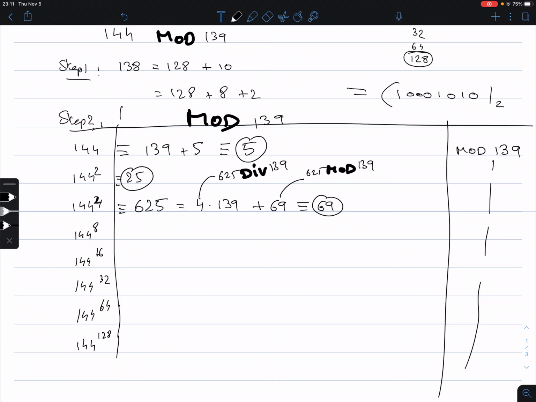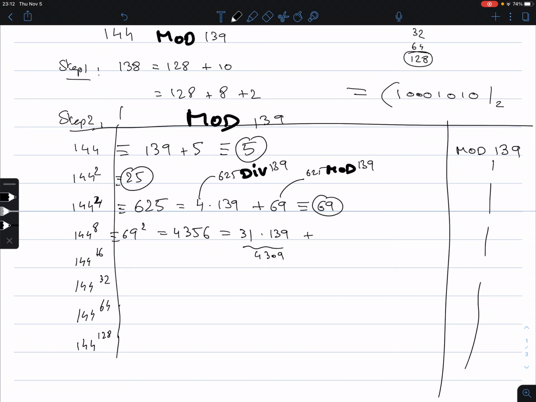Now I again square both sides, so I square 69. 69 squared is 4356. How many times does 139 go in there? Divide by 139, that is 31 point something, so 31 times. 31 times 139 is 4,309.